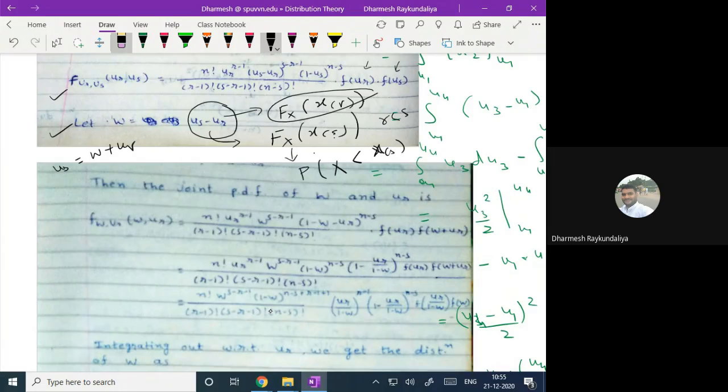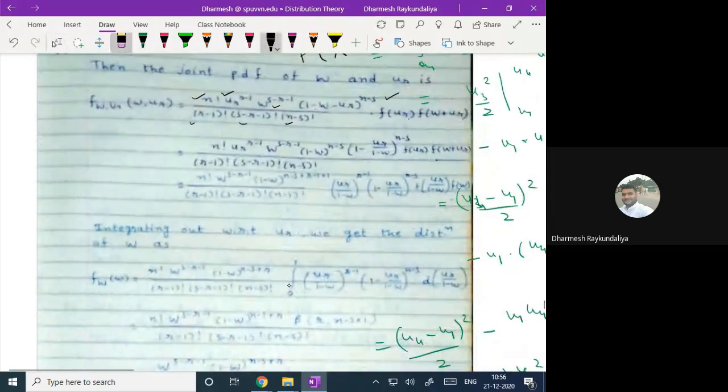So you can see here n factorial, ur raised to r minus 1, us minus ur I am writing as w, it is w raised to s minus r minus 1, and here 1 minus us, I can write 1 minus w plus ur, so it becomes 1 minus w minus ur raised to n minus s, and this part as it is f of ur, and us equal to w plus ur, it is f of w plus ur.